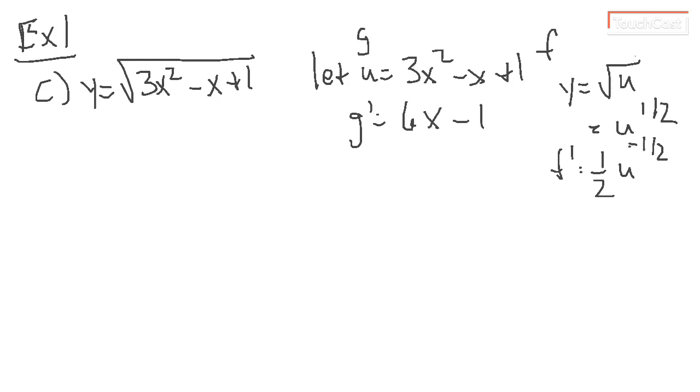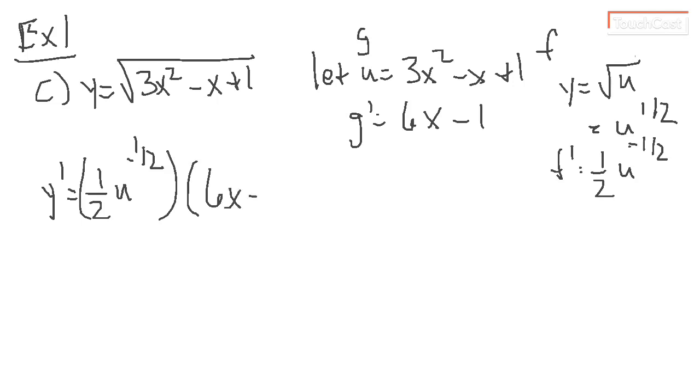Now we're going to use these to find y prime. Remember, y prime is f prime of g of x times g prime. So f prime, we've got 1/2 u to the negative 1/2. And we're going to multiply that by 6x minus 1. Now, that first part, let's clean that up a little bit. We can rewrite this as 1 over 2 square roots of u times 6x minus 1.